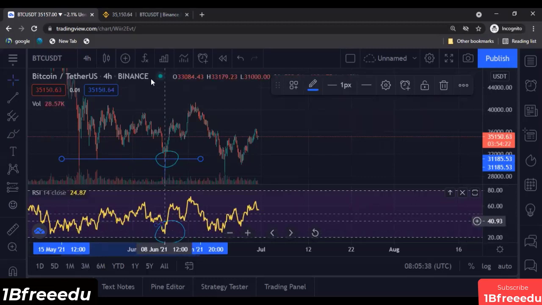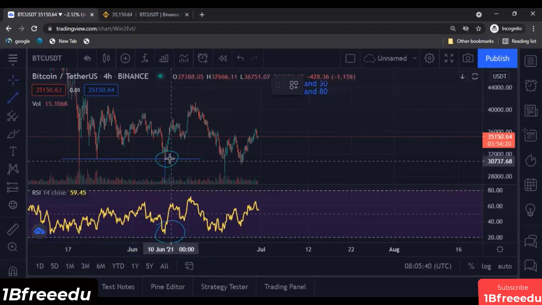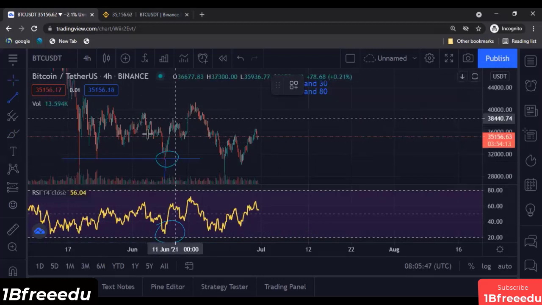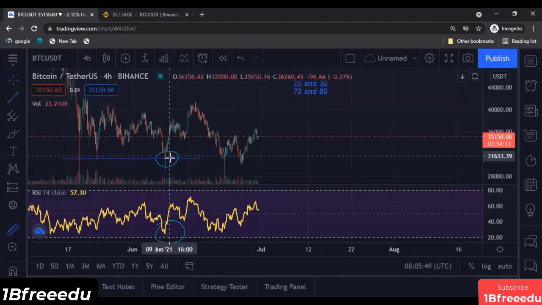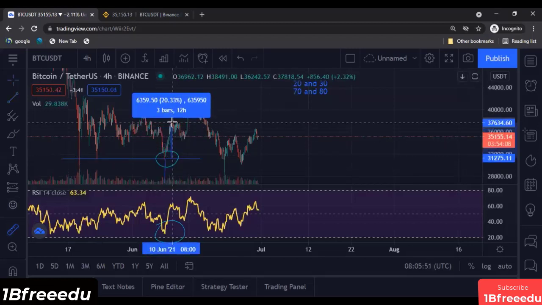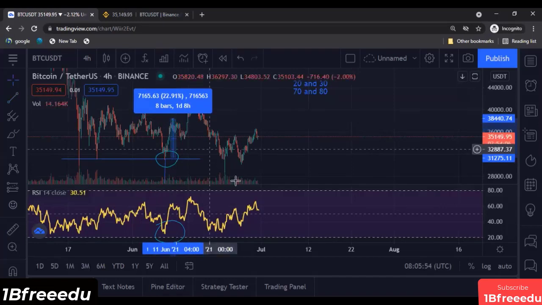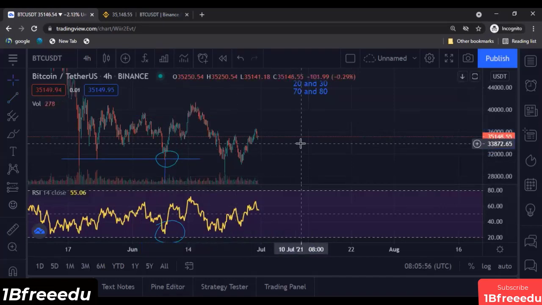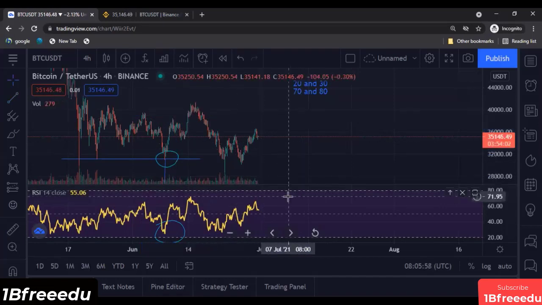We could take a trade, and then as we can see, the price moved up from around 31,000 all the way up to 38,000, and you could have easily booked around 20 to 22% profit. So basically, RSI helps us to see this.